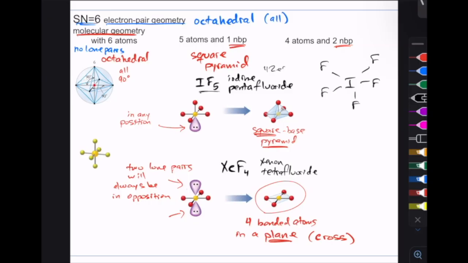Those 5 covalent bonds use 10 of our 42 electrons. Let's place the rest: 12, 14, 16, 18, 20, 22, 24, 26, 28, 30, 32, 34, 36, 38, 40.